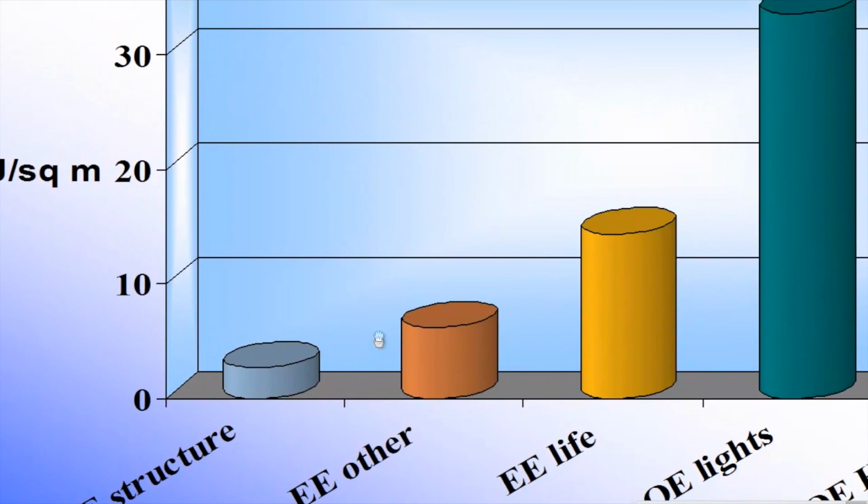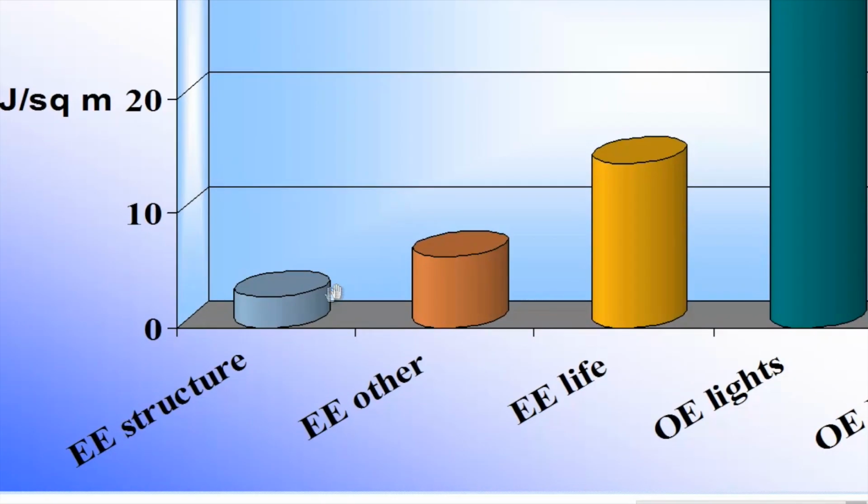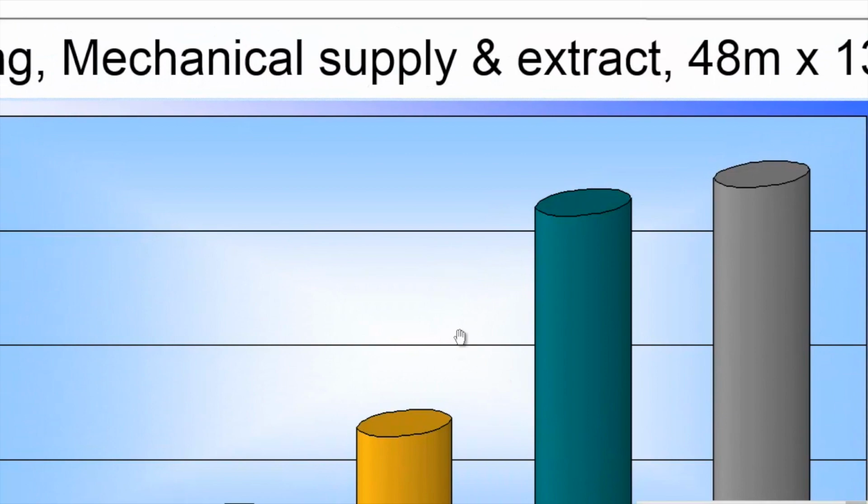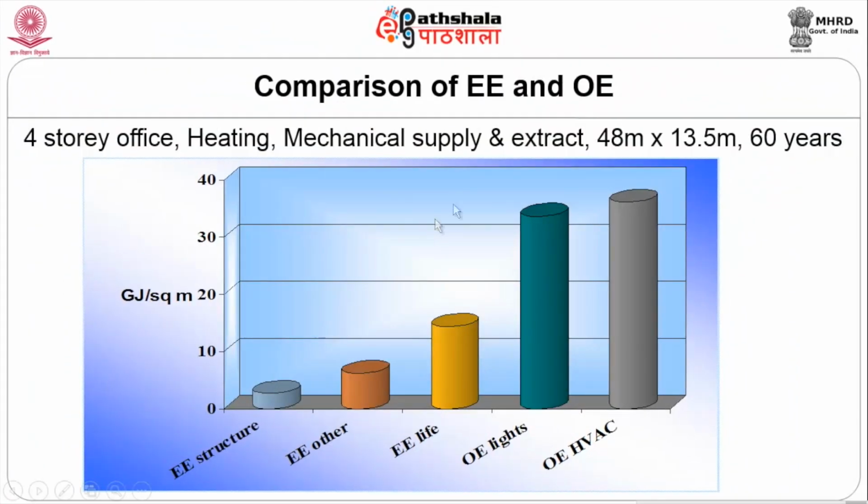For electrical structures it is somewhere around 0 to 5, and for other electrical energy it is more than 5, and operational energy like lights gives a value of about 30 to 40, and other HVAC usages also give about 35 to 40.